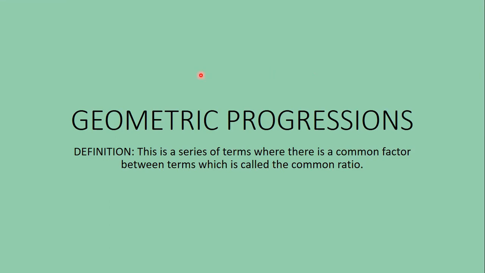So by definition, a geometric progression is a series of terms where there is a common factor between terms, which is called the common ratio. That common factor is called the common ratio.